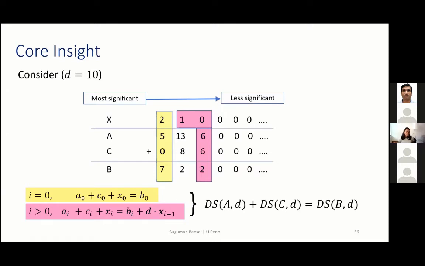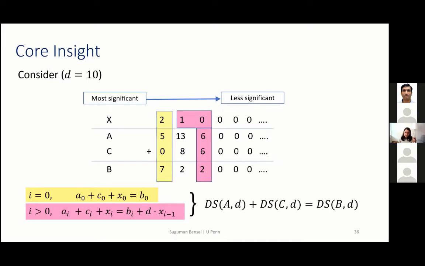So the idea is that any guess for the values of the xi's and ci's which satisfy these equations will be a correct guess. That is a property we prove. If at every stage I guess the xi, ci using these equations at the bottom, then I can ensure that the discounted sum of A plus that of C is equal to B. What is the challenge behind this guess?